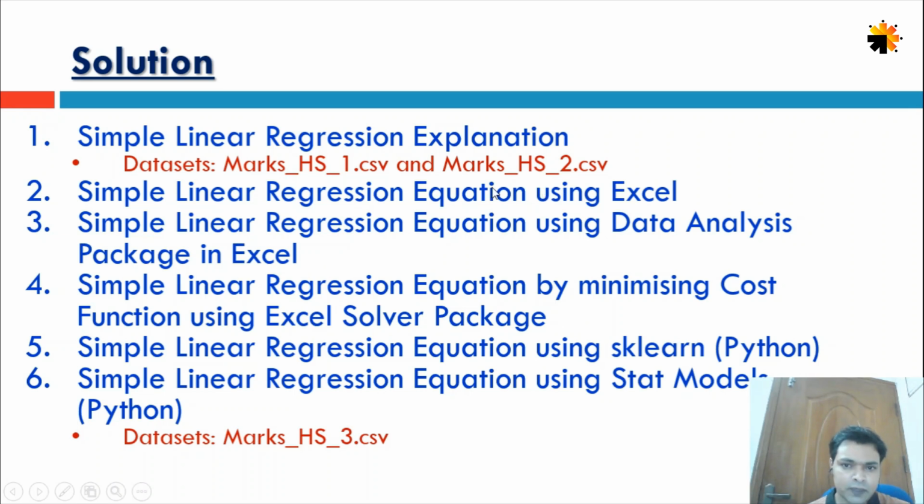Then in Excel itself I will minimize the cost function using the Excel Solver package. After that I will go with scikit-learn and statsmodels. So totally it has 6 steps. We'll go one by one slowly and try to understand what is happening here.